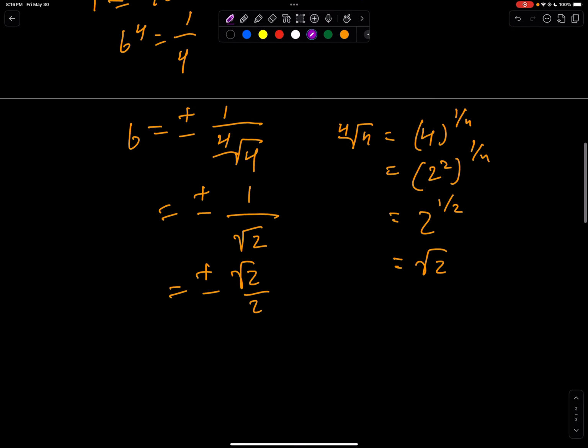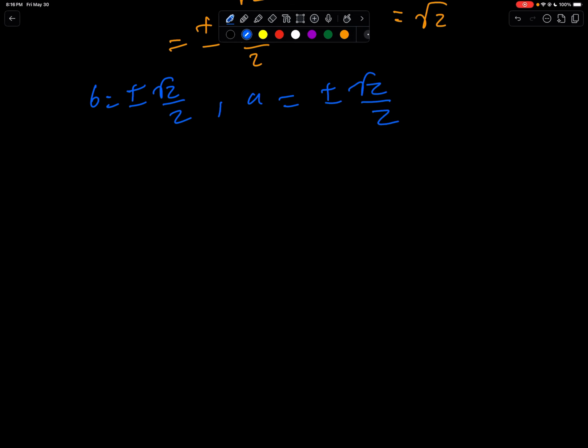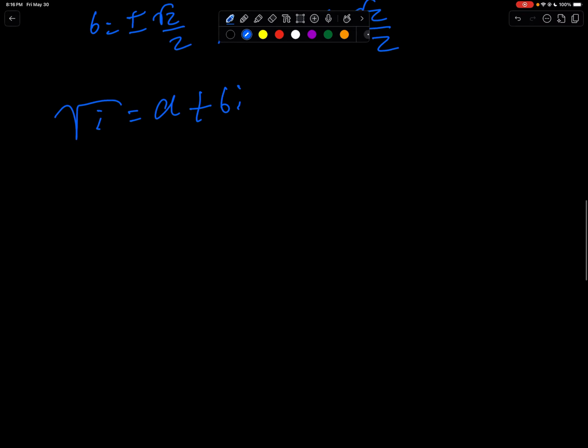So now, if we think about, right, if b equals plus or minus root 2 over 2, and a equals plus or minus root 2 over 2. And remember, the standard form of a complex number here is a plus bi, and if square root of i equals a plus bi, we can just plug in our a's and b's.